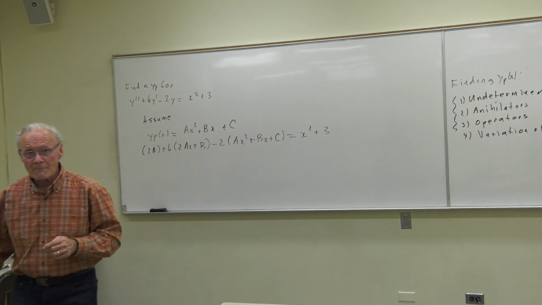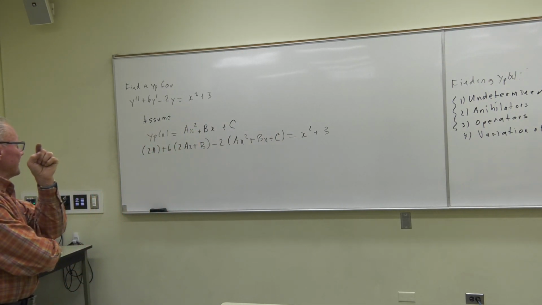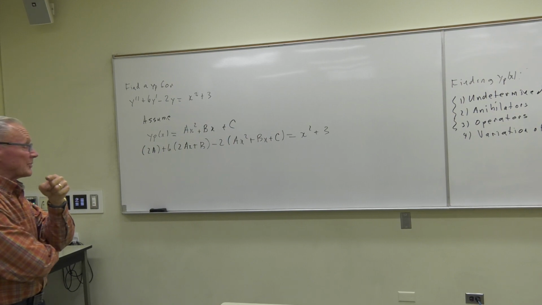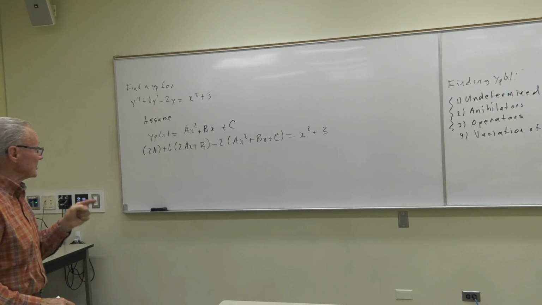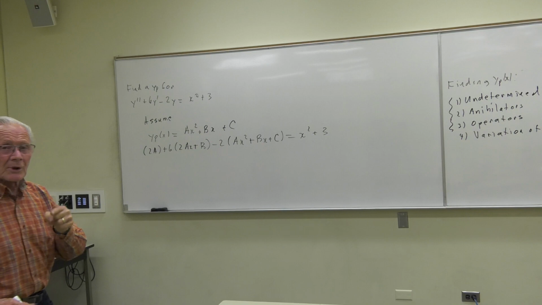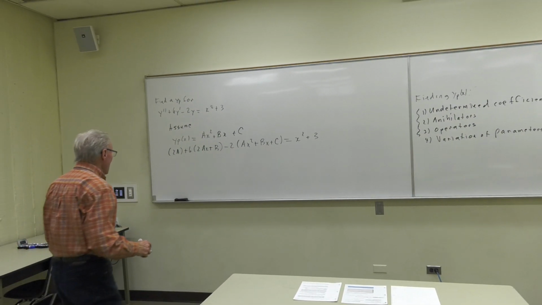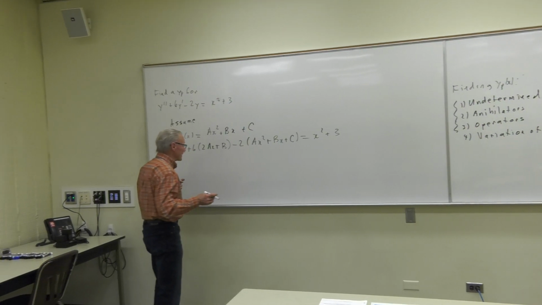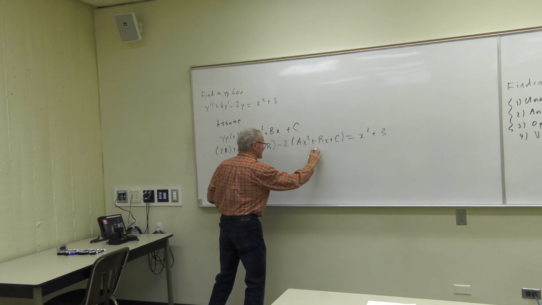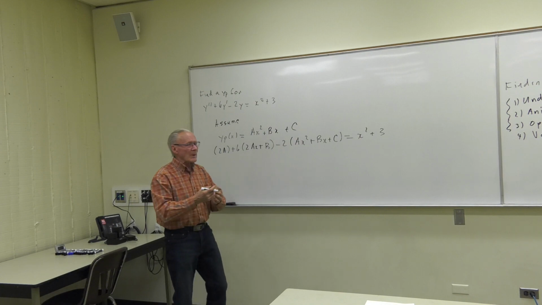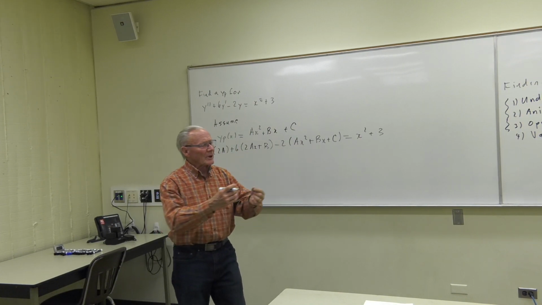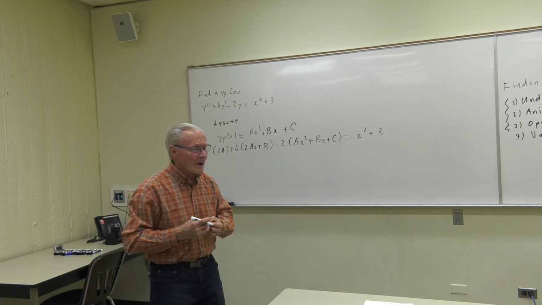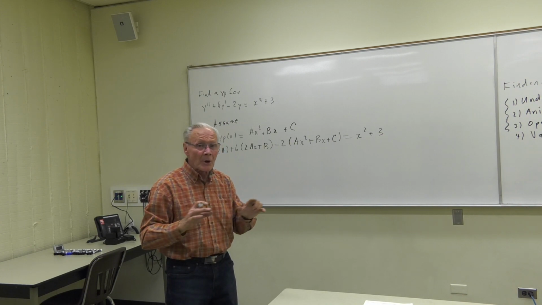All right. Now I'm going to do something, because I want to ask you a question. In practice, when I do this problem, I will not write the next line. But I want to ask you a question, just to make sure that ideas are straight in your mind. I'm going to take this left-hand side, and I'm going to gather all the x squared terms together. I'm going to gather all the x terms together, and I'm going to gather together all the non-x terms.